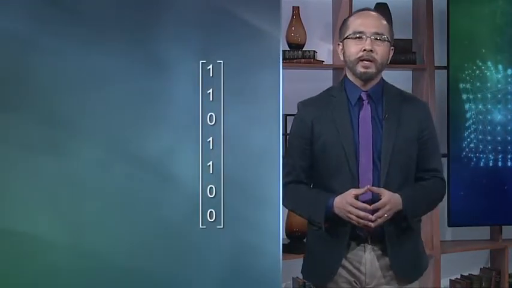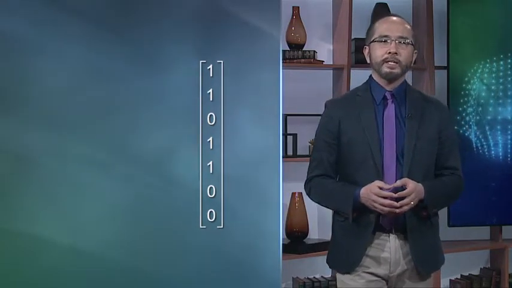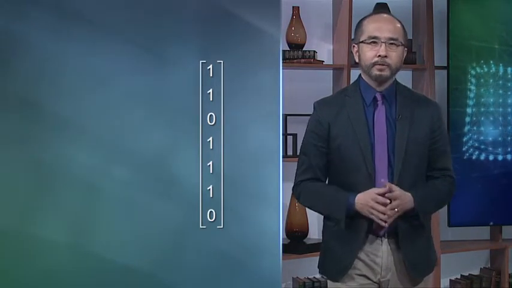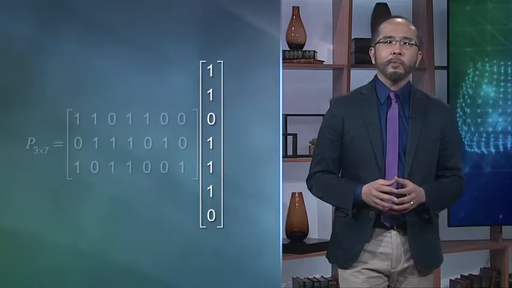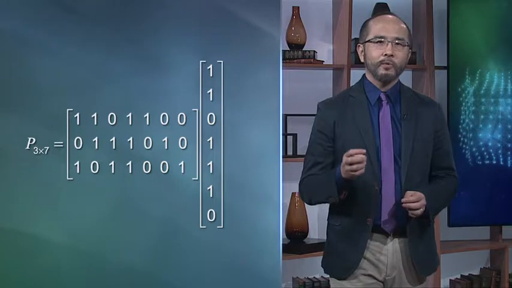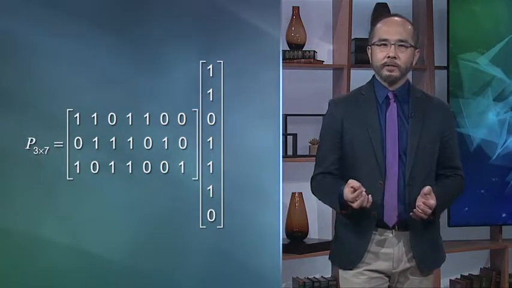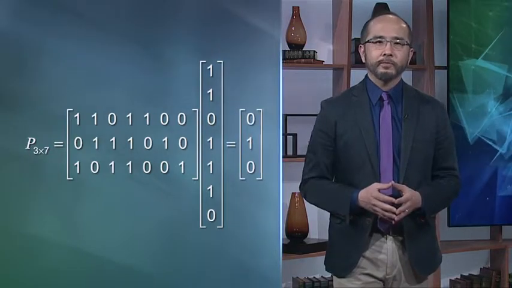So let's try this on the code word we generated earlier, 1101100, and suppose it is corrupted with a single error, so that it is now this code word, 1101110. If you multiply P times the column vector 1101110, you will get the column vector 0, 1, 0.